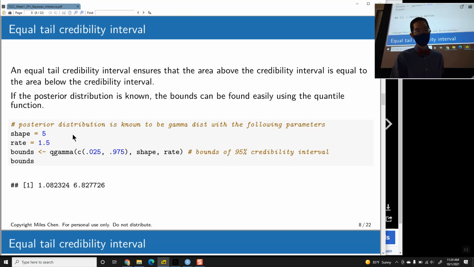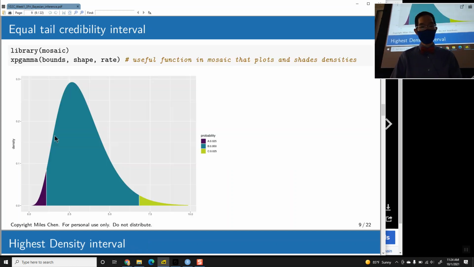This has nothing to do with any of the examples we've done so far. I'm just making up a posterior distribution as an example. It's got these two parameters. What are the bounds of my interval? And this is basically what it looks like. So if this is your posterior distribution for what theta is, okay?